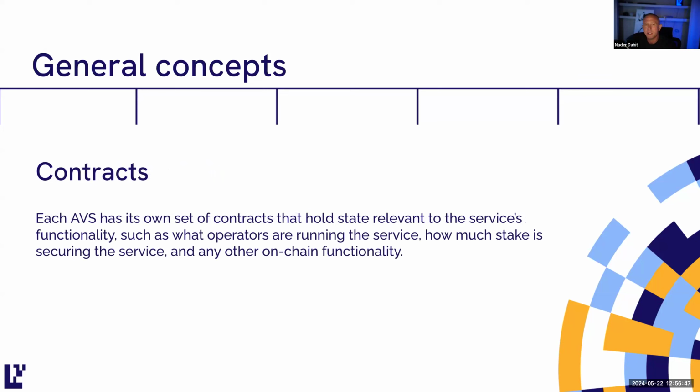Each AVS has its own set of contracts that hold state relevant to the service's functionality, such as what operators are running the service, how much stake is securing the service, and any other on-chain functionality.